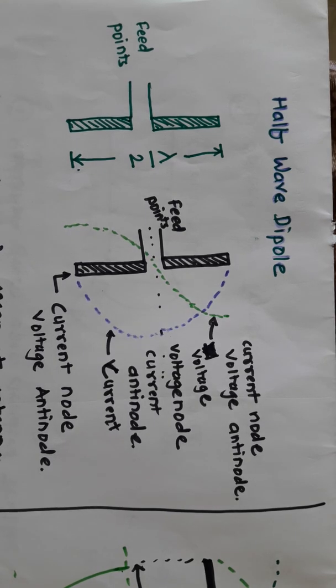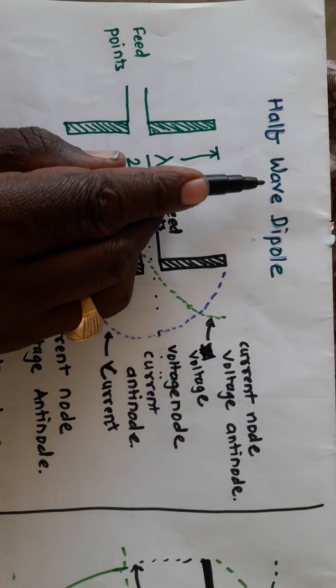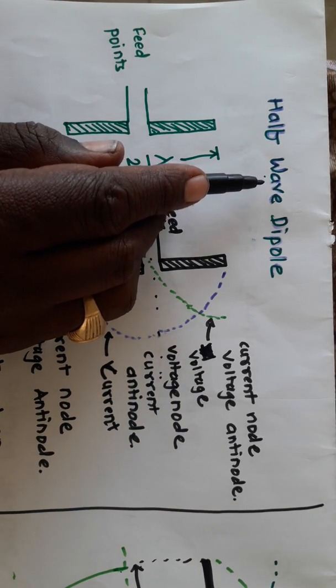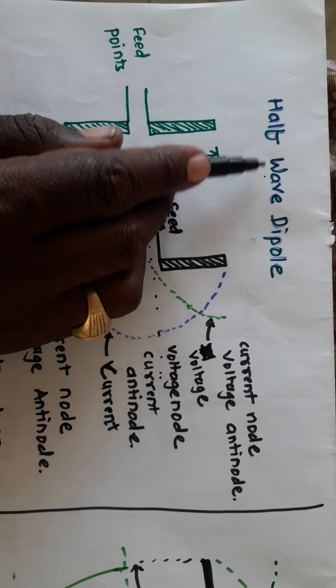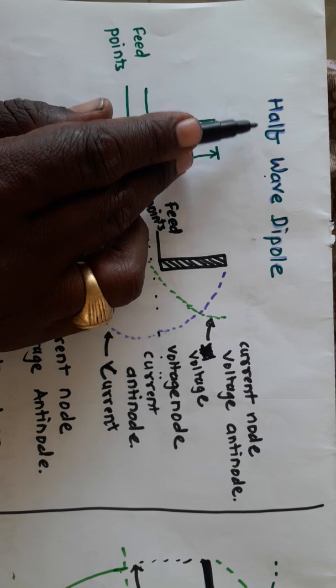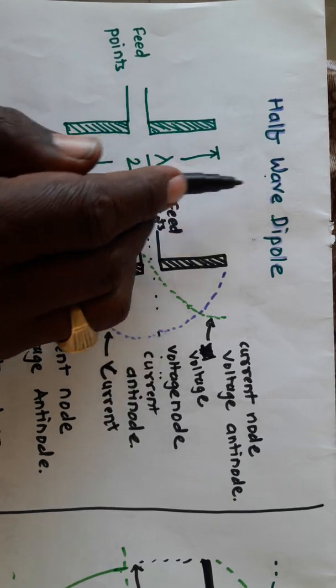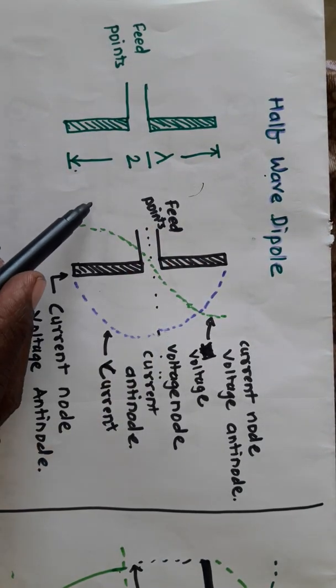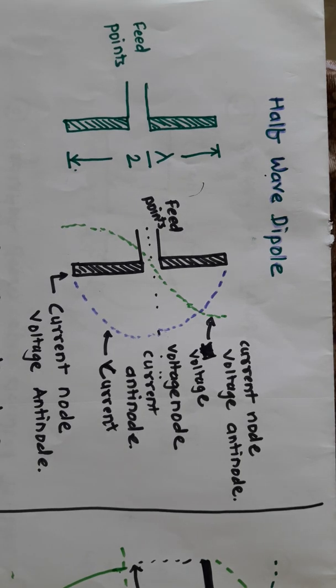Now, in this lecture, we are going to discuss the basic fundamental antenna called the half wave dipole. This term is related to the wavelength. If the antenna dimension is half of the wavelength, then it is called a half wave dipole.